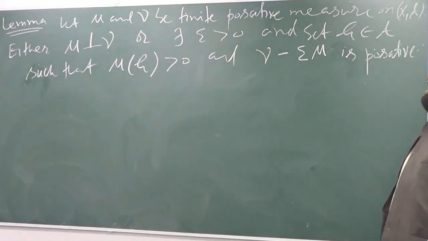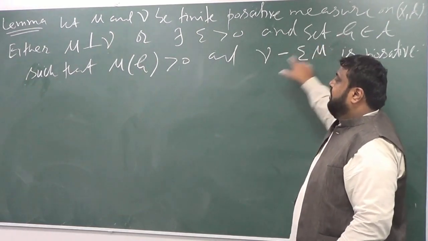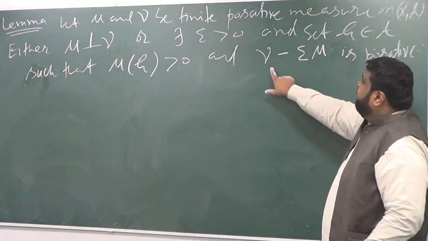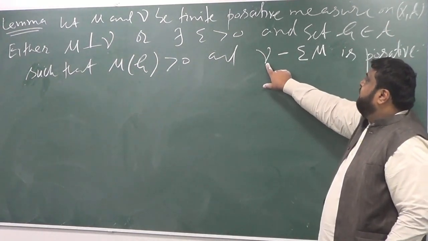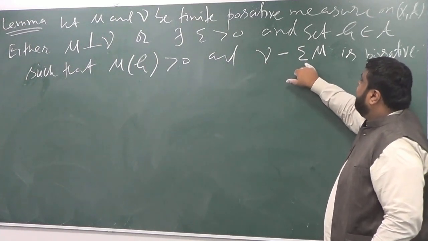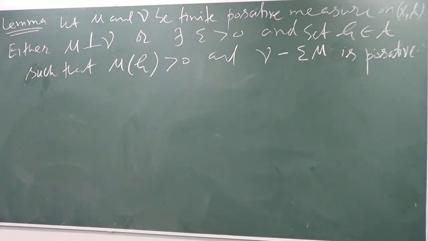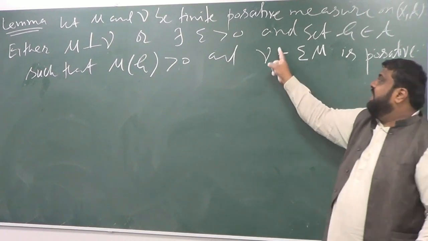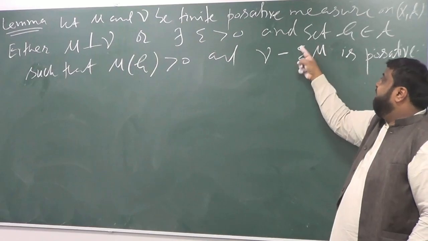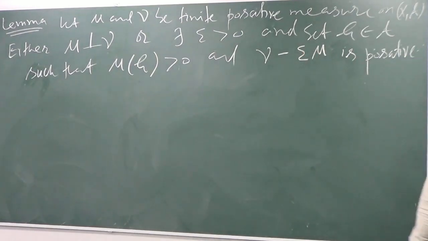If not, then I can find a number epsilon and a set G with positive measure, such that if you perturb the nu by this epsilon multiple of mu, it would still be positive.